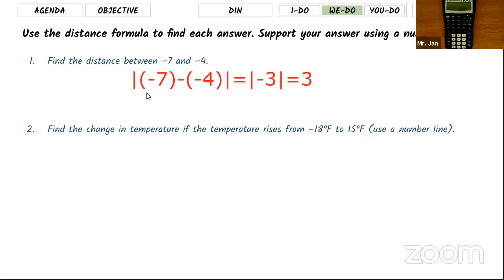Use your calculator. Try to use this formula. The formula is just subtracting these two numbers, -18 minus 15. But at the end, you need to make your result positive. Okay, so try to do it in your calculator and type in the chat box.